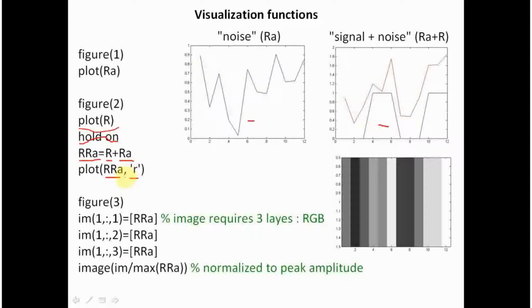After it you place a comma and letter R between 2 apostrophes. This instructs the function that the line should be in red color. That is why it is R. You can use green, M for magenta, and so on. And here you get the red plot, which is the sum of this and this at the same graph.